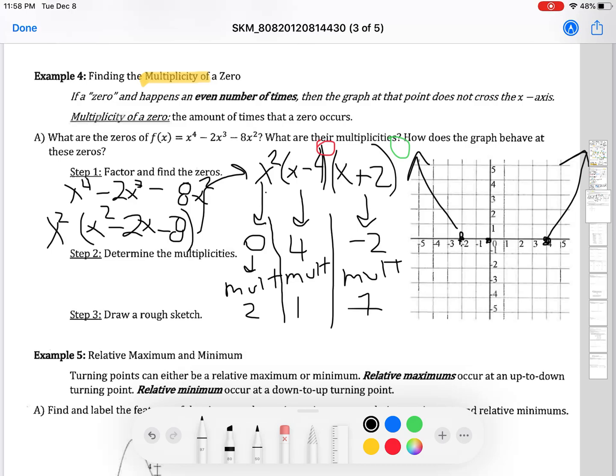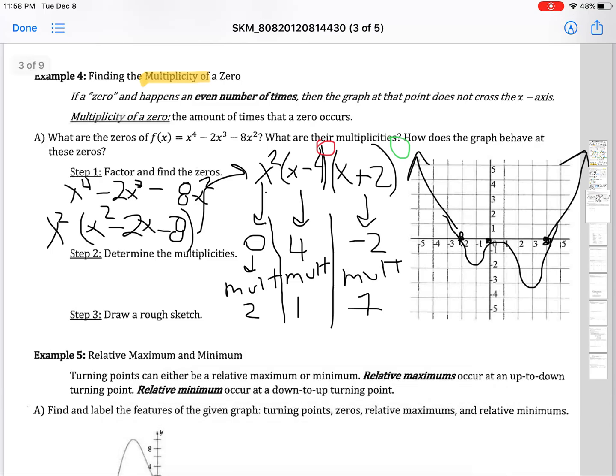At negative 2, it goes through. It bounces right there at 0, and then it goes like that. So it almost looks like a W, which is one of the shapes you can use for an x to the 4th. So x squareds are parabolas, and most x to the 4ths are W's.